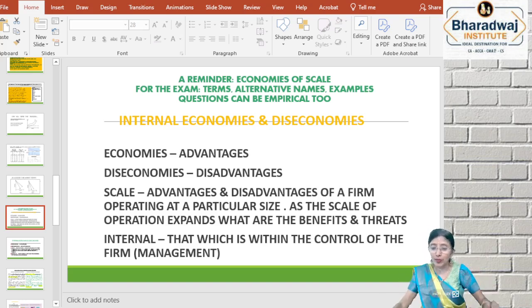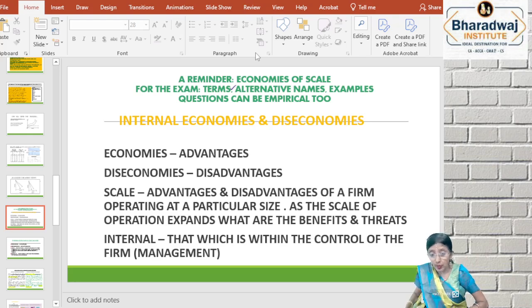Now, what is meant by economies of scale? Gentle reminder: in the examination, terms like what is economies, what is diseconomies, what is scale are all asked. Wherever there are alternative names, they'll ask you.